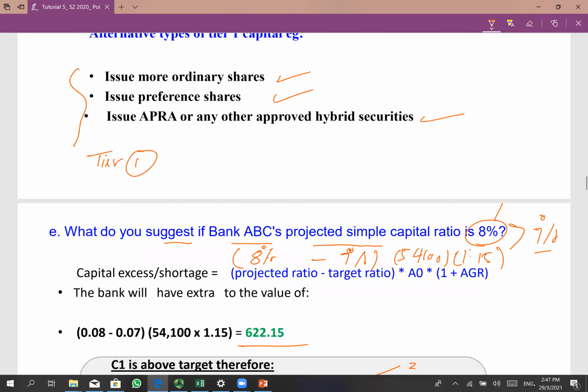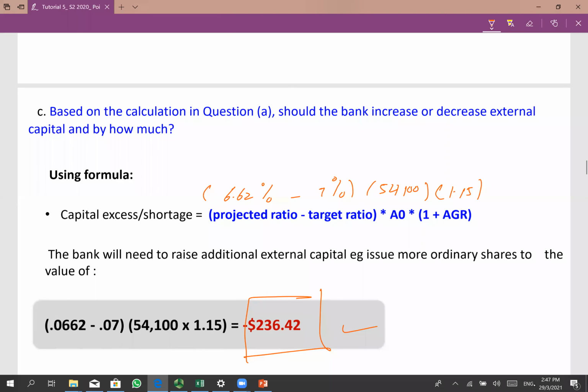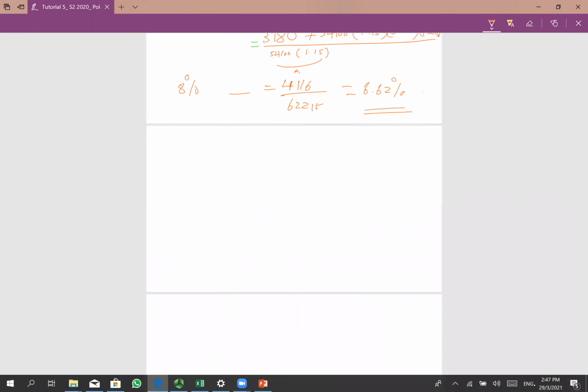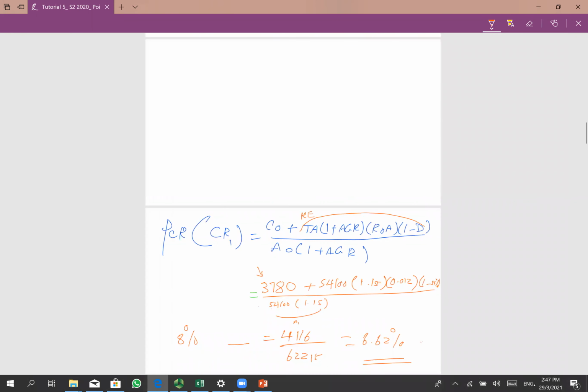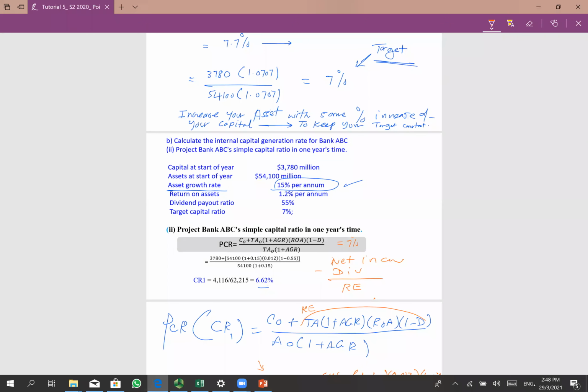For example, here, I will not ask you this question in the exam, but I can solve for it. In this formula, I can make the asset growth X, and I make this 7%, and I solve for it. And I can tell you how much growth I can have to get the 7%.